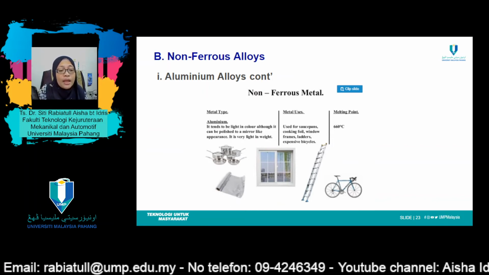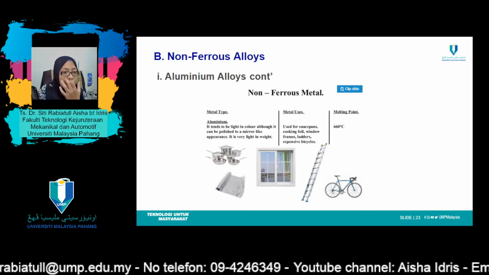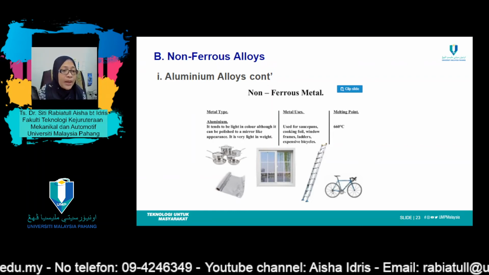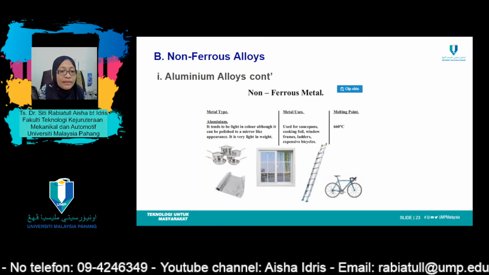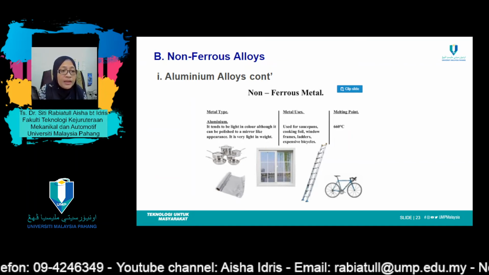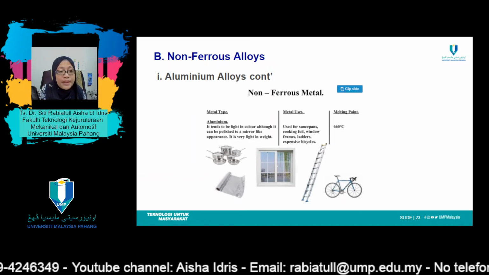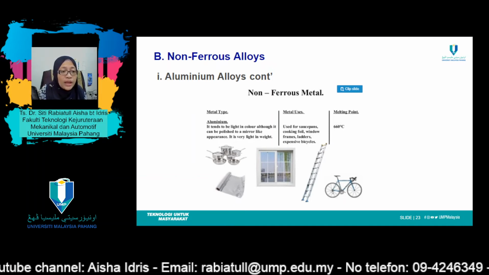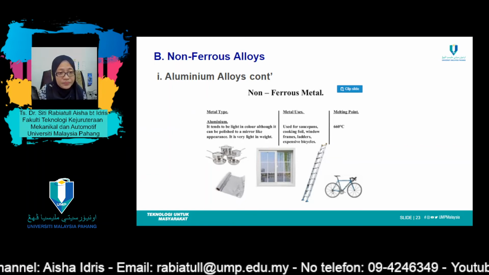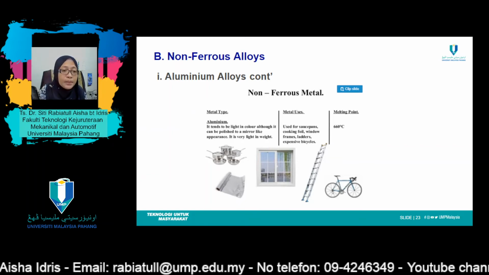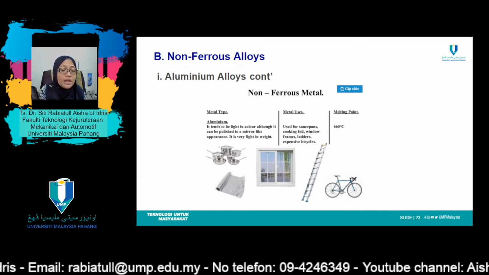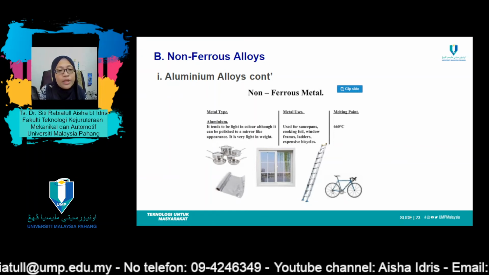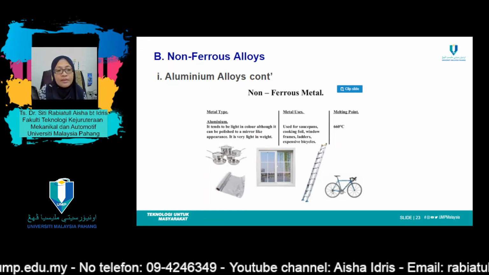For example, H, F, or O represent, respectively, as-fabricated, strain hardened, and annealed states. T3 means that the alloy was solution heat treated, cold worked, and then naturally aged. Some common applications for aluminium alloys include aircraft structural parts, beverage cans, bus bodies, and automotive parts, and so on.